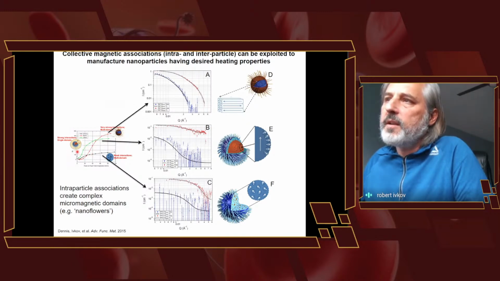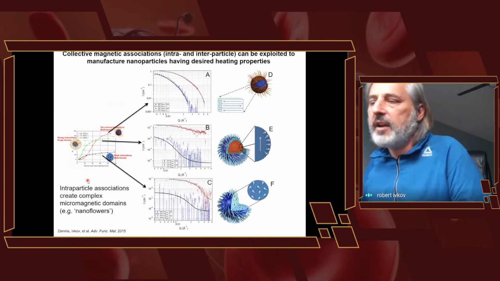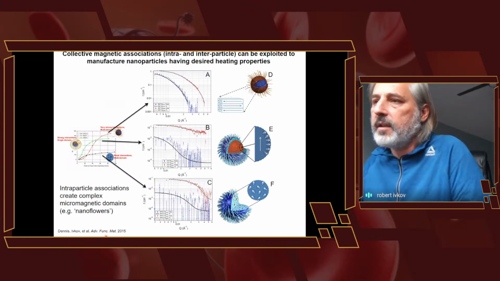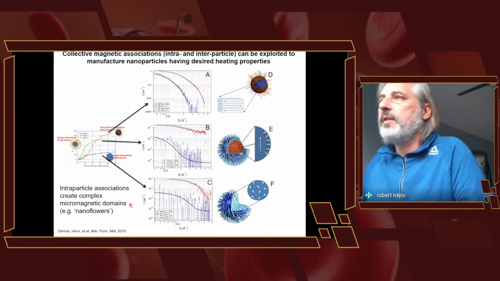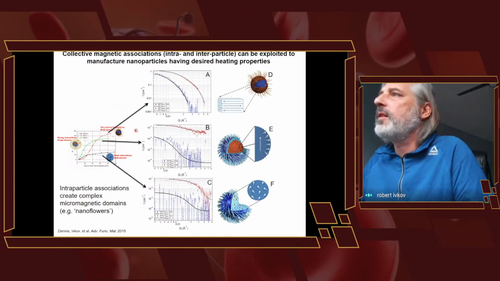And if you recall, I told you that one of the things that has interested me on the physics of these things, and applied physics, is really what is going on inside the nanoparticles that generates these very different heating curves. I won't get into this because that's an entirely different talk, and we published this work in Advanced Functional Materials in 2015. And by the way, this was a great deal of work, about 6 or 7 years' worth of work with collaborators.